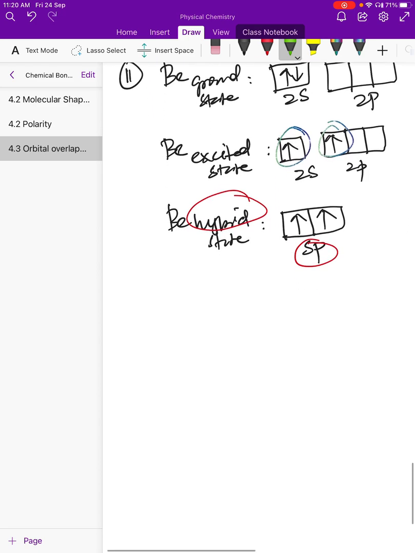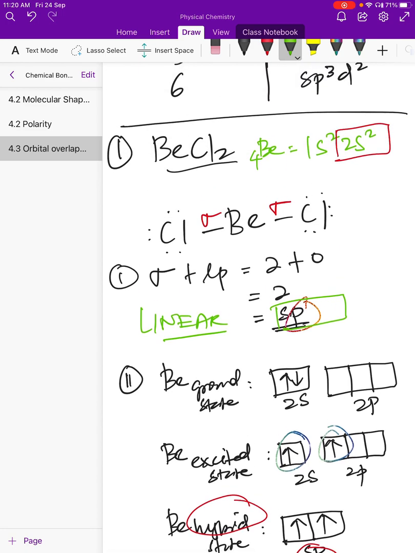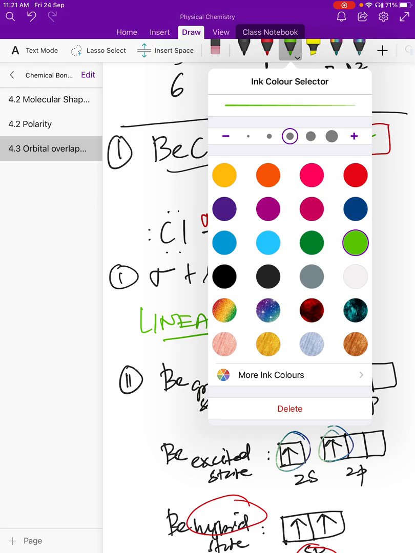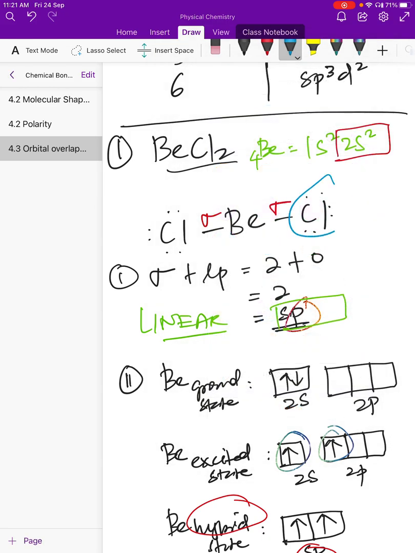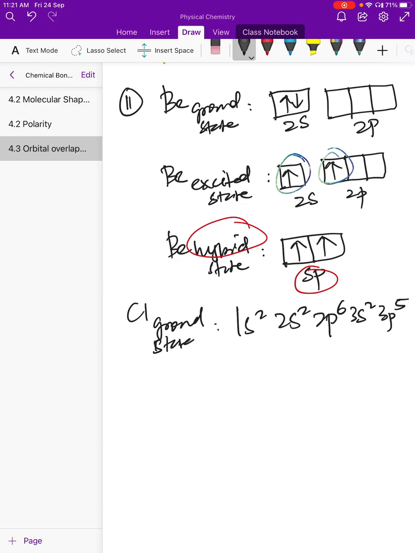Okay, so now we go to the drawing. Before we move to the drawing, do not forget about this atom, which is our terminal atom. So we write their configuration as well. So chlorine ground state, 1s2, 2s2, 2p6, 3s2, 3p5.